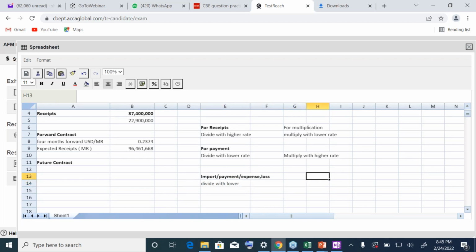Remember that export, receipt, income, gain, in all these cases, divide with the higher rate. And for multiplication, it will be vice versa.